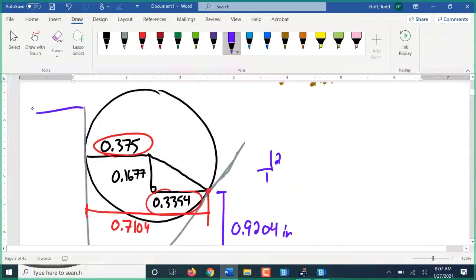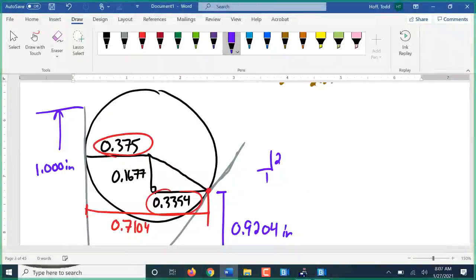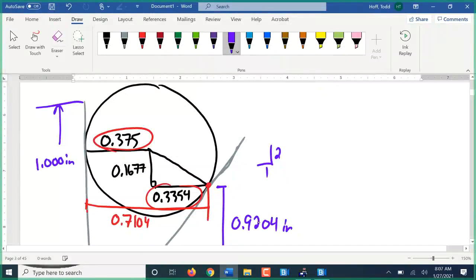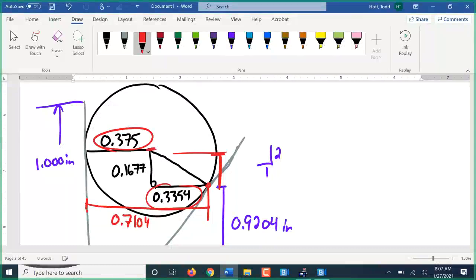So if it is 1 inch up to here, 0.9204 up to there, how far is it up to this point here, up to the center of that rod? What am I going to add to the 0.9204?